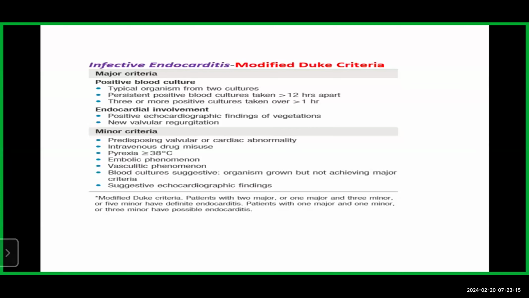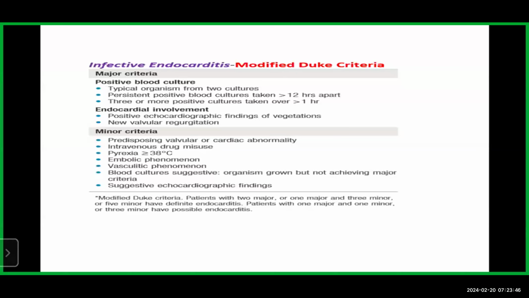And the minor criteria: any predisposing valvular or cardiac abnormality, such as valvular heart disease, mitral valve prolapse, aortic stenosis, mitral regurgitation, even congenital heart disease like VSDs and ASDs, that may predispose to infective endocarditis. Is there intravenous drug abuse, fever more than 38 degrees, embolic phenomena such as stroke, splenic infarction, mesenteric ischemia?